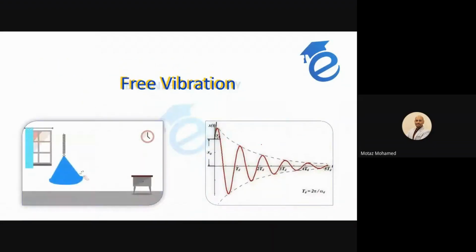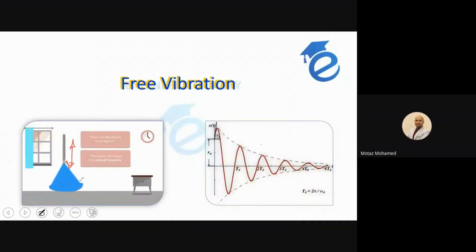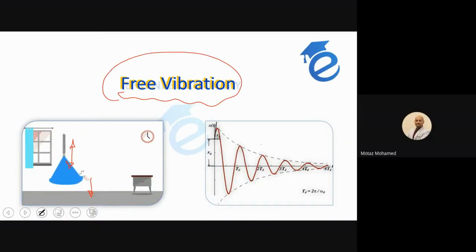Then, according to this, we need to have a better understanding about vibration. If I have a vibrating object like this, and I pull it down like this and leave it, it starts vibrating. This is what we call free vibration, which means this object is vibrating freely.